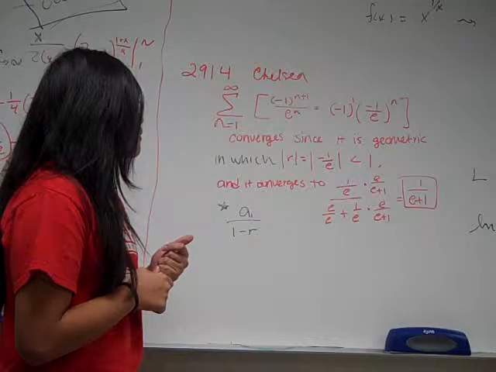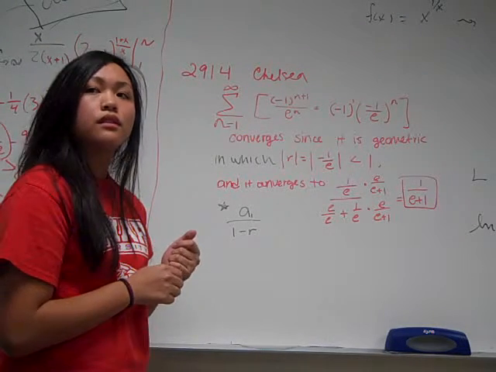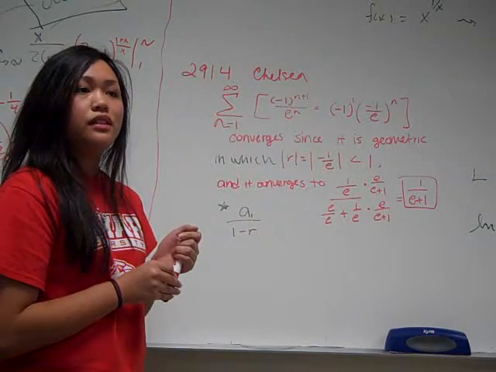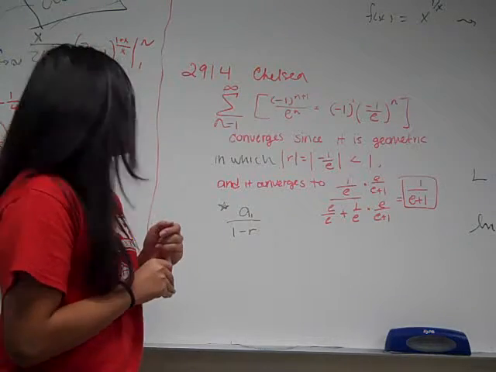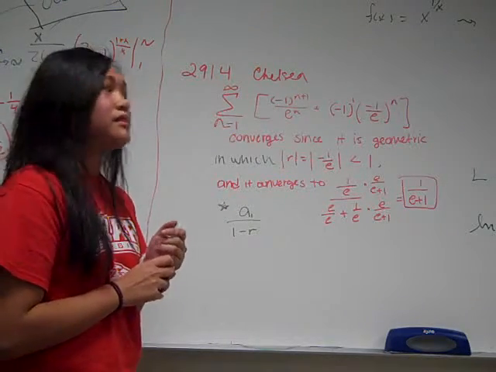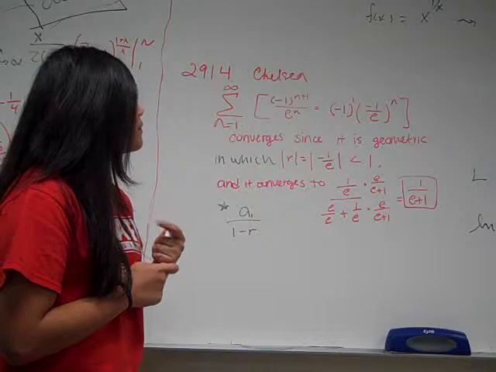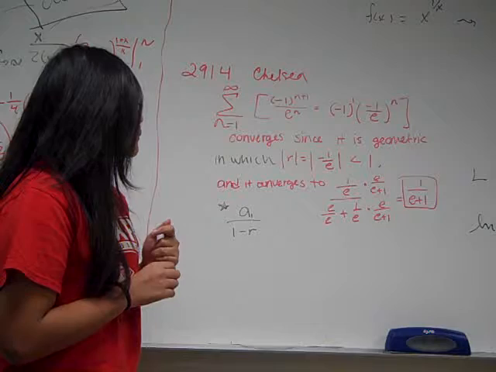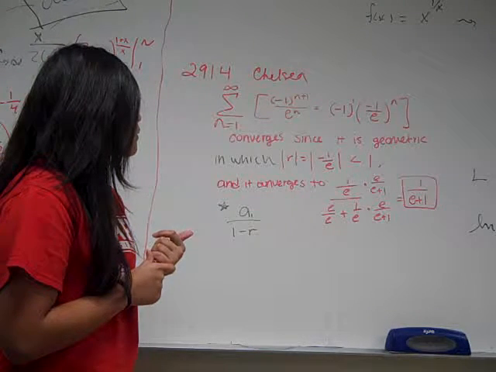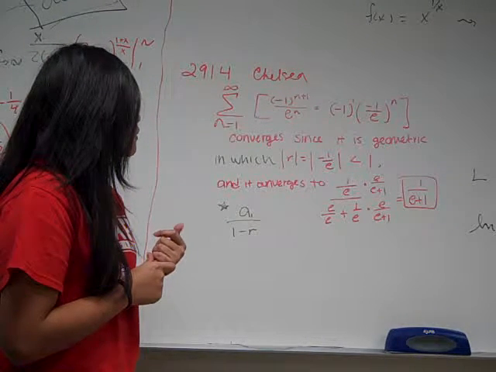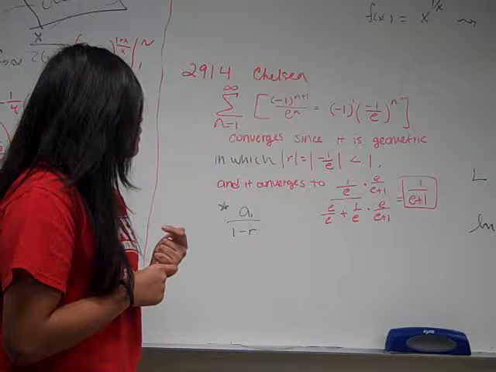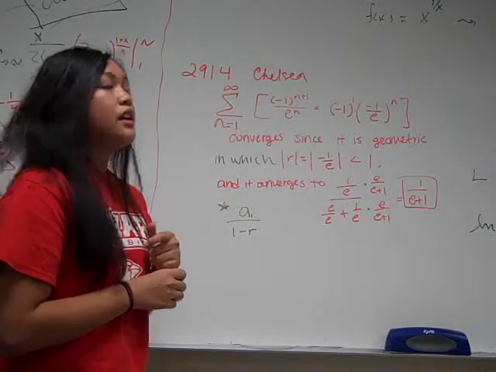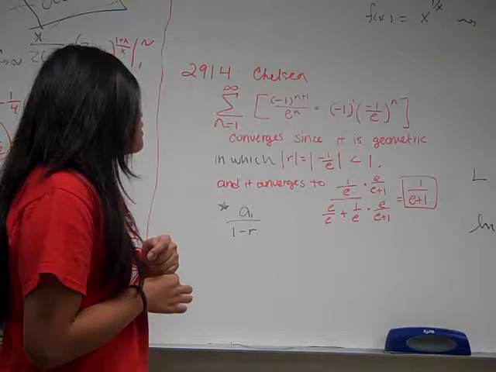So now, let me ask this: are you saying that that series converges to 1 over e plus 1? Yes. Even though it's alternating? Yes. I believe that. Pretty sure.